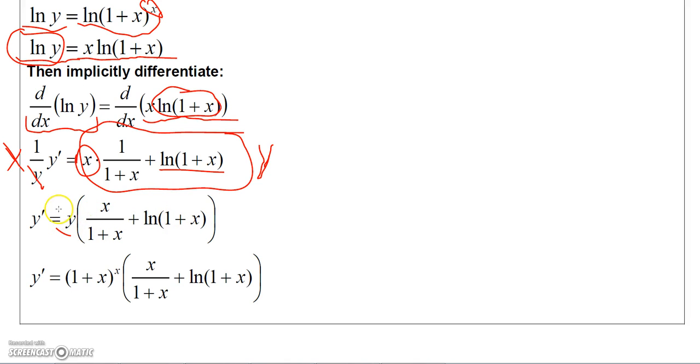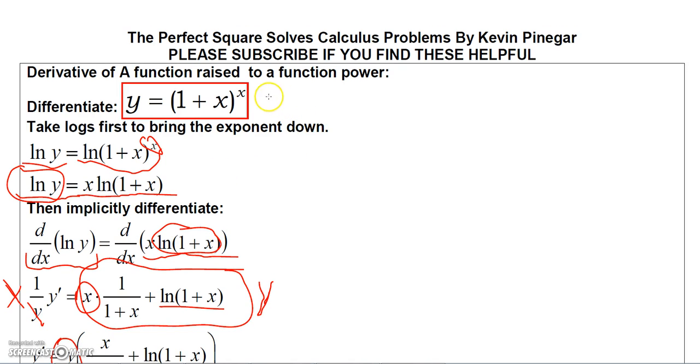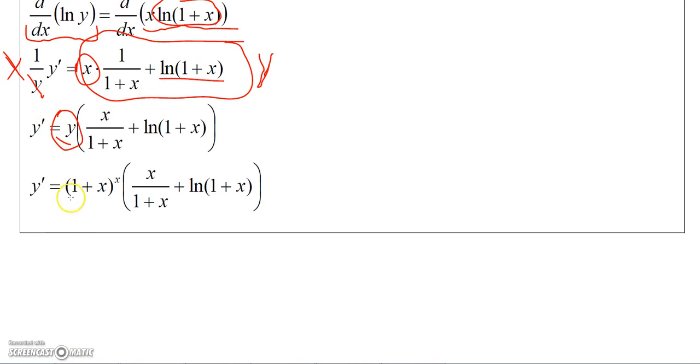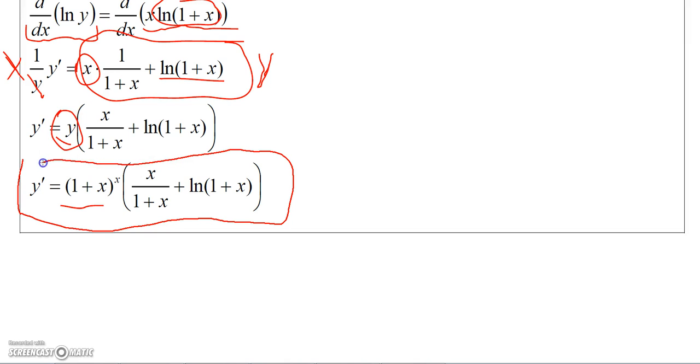Now, here's the good news. We know what y is. y is what we started with. So we know y is 1 plus x to the x. So if I just replace that y right there with 1 plus x to the x, now I have a function that represents the derivative of the original function.